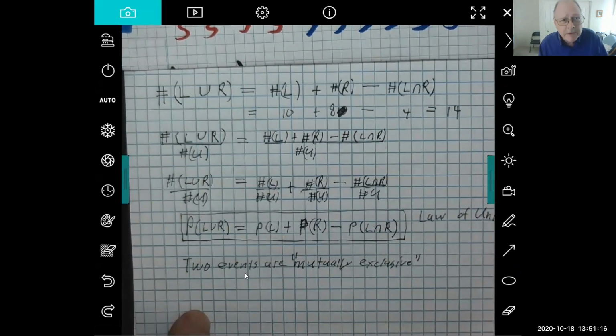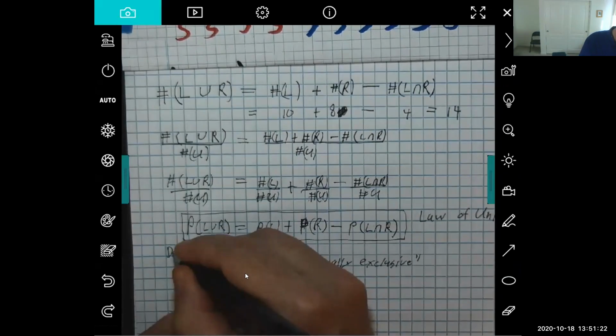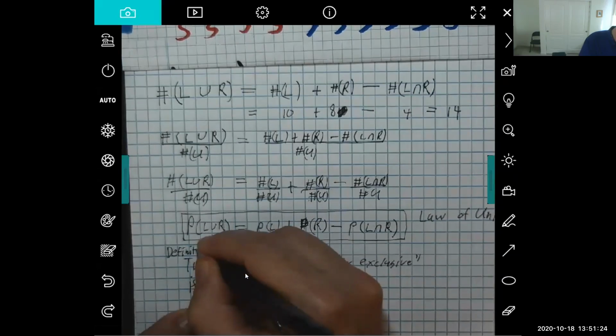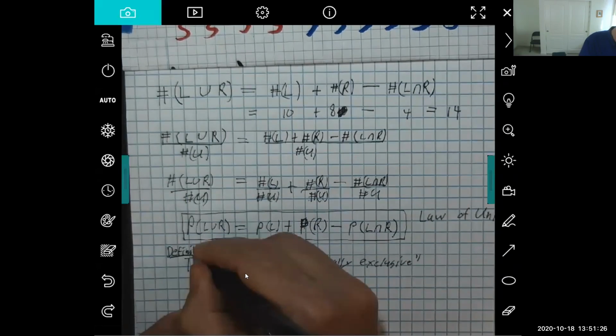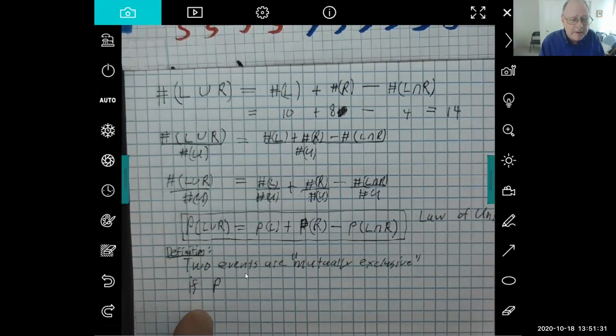So 2 events are mutually exclusive if, it's not that they can't both happen, it's that they happen together with probability 0.